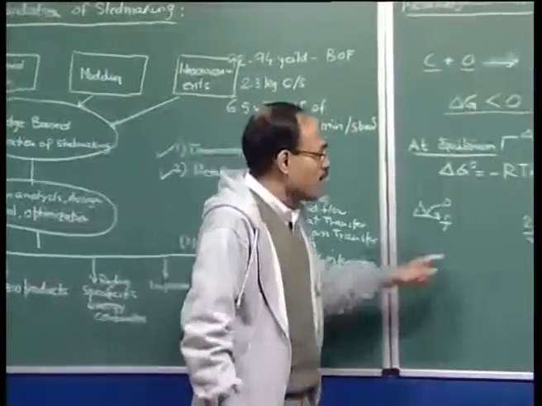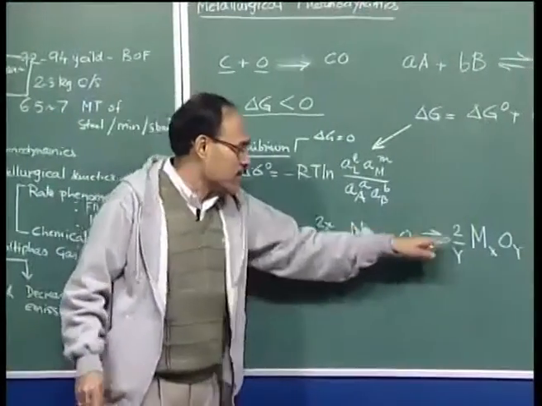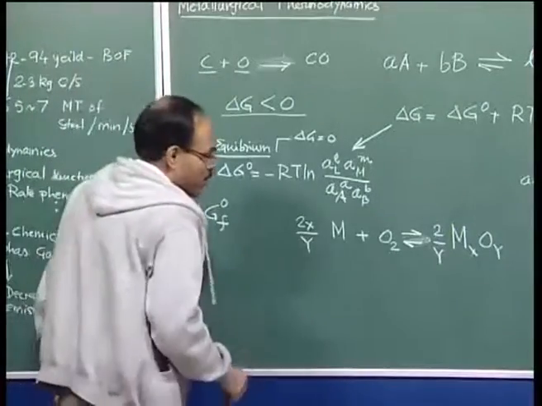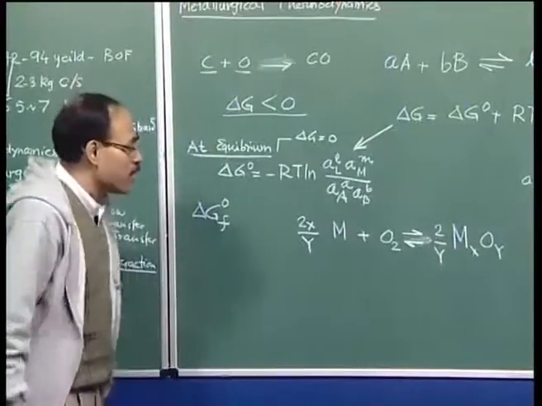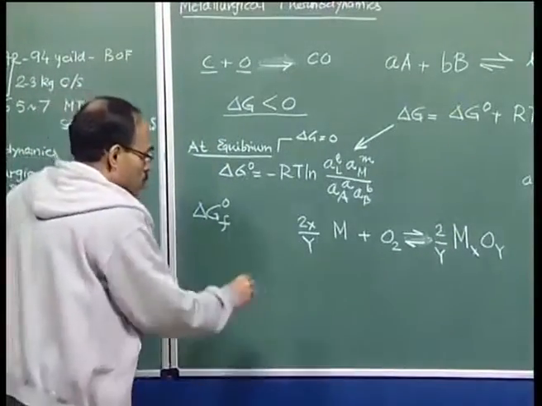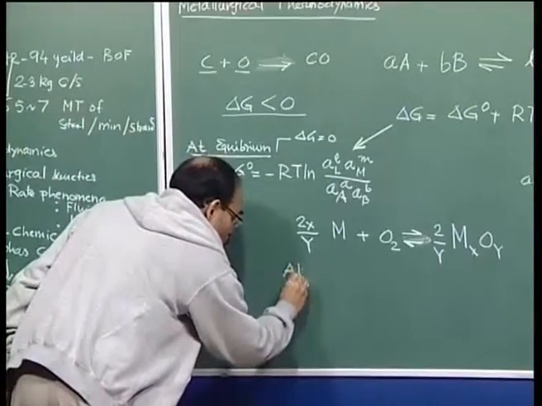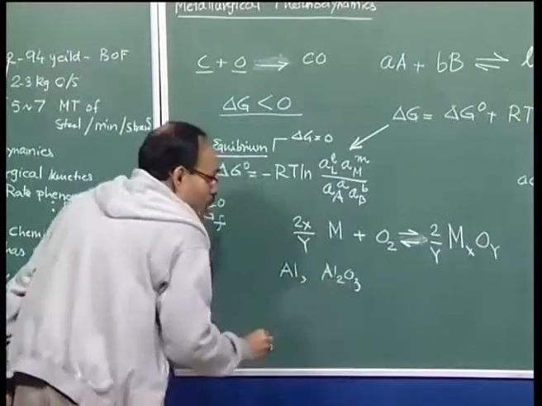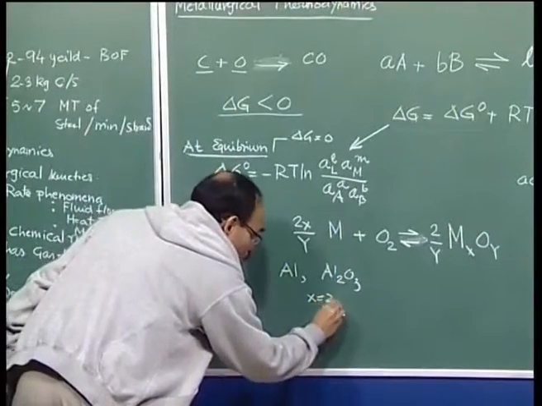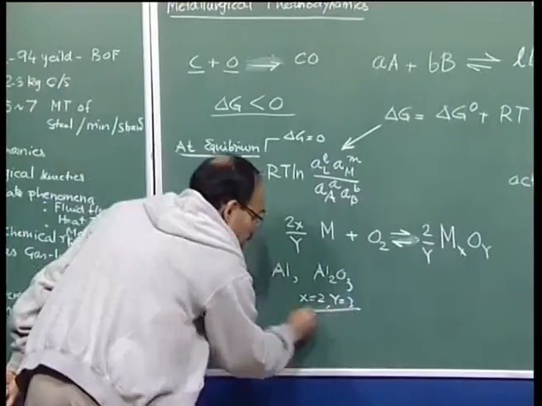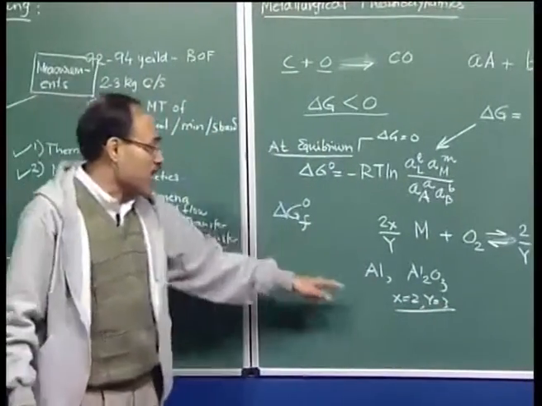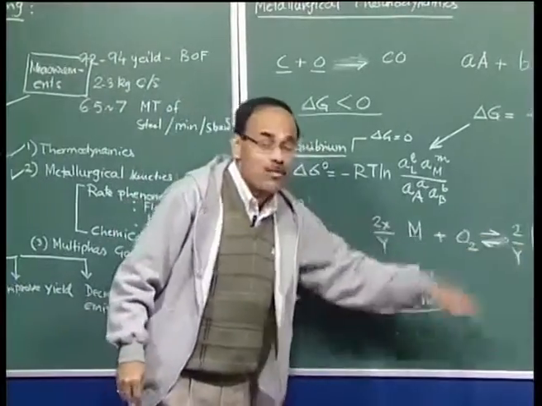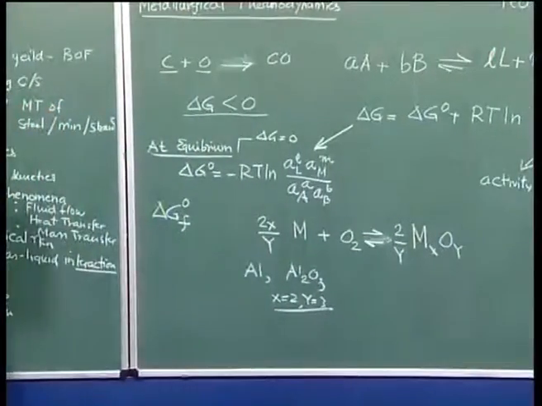Now here, I have written this x and y as the stoichiometric coefficients. So if I am talking about aluminum, the corresponding oxide is Al2O3, so x is equal to 2 and y is equal to 3. If it is iron oxide, you can also clearly see the values of x and y, and for all other oxides you should be able to visualize.